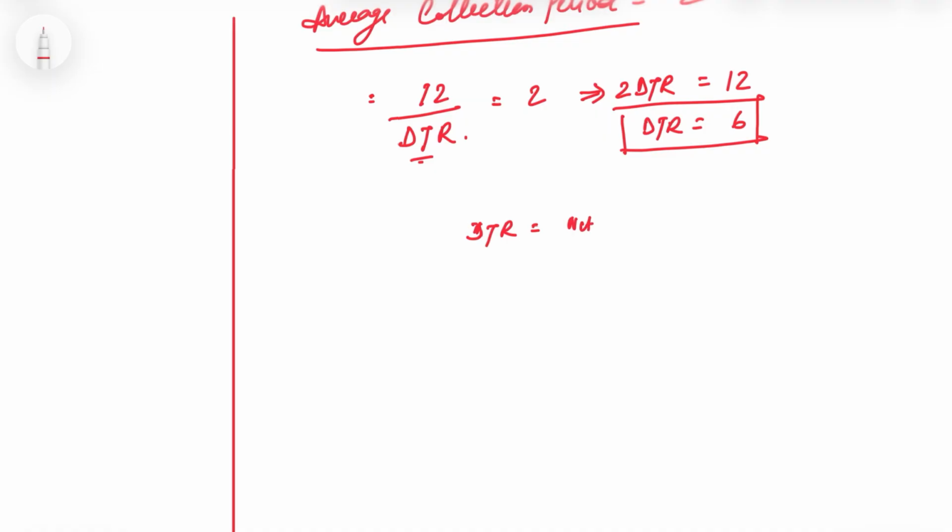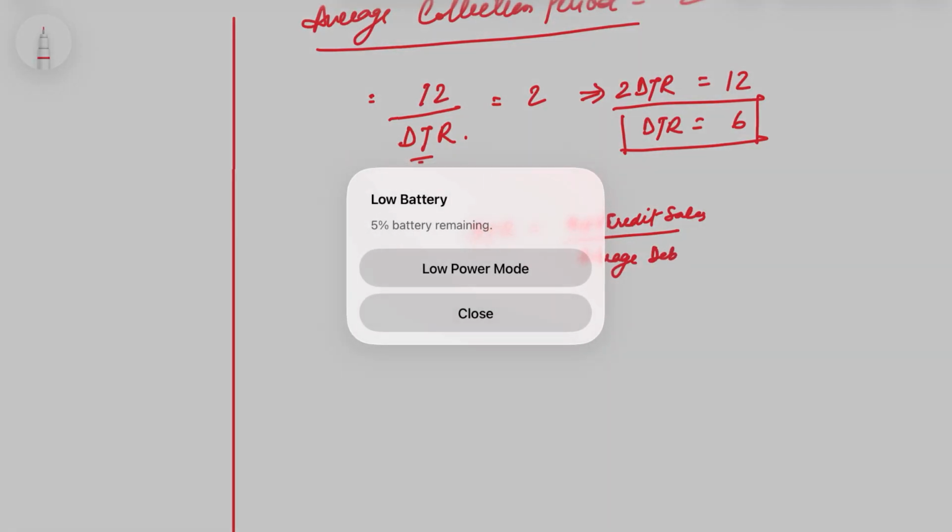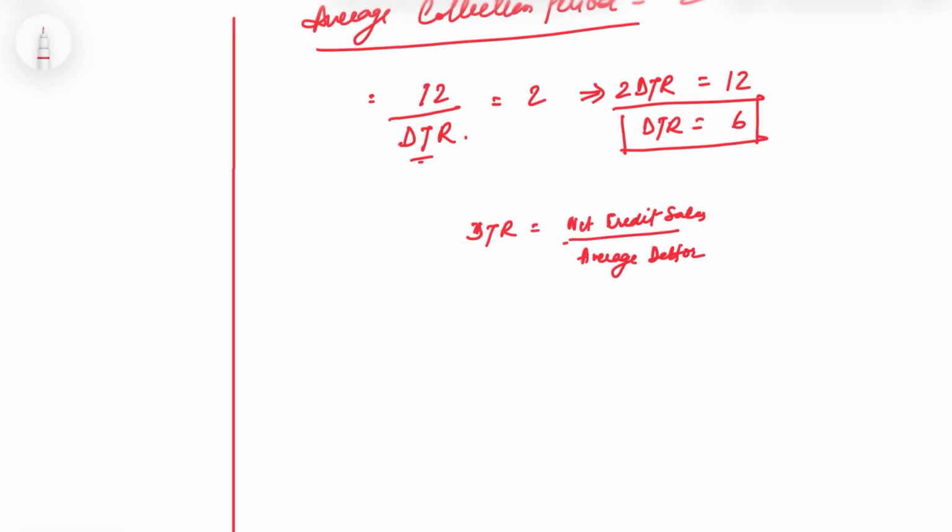Now see, the debtor turnover ratio formula is net credit sales divided by average debtors, which is equal to 6.